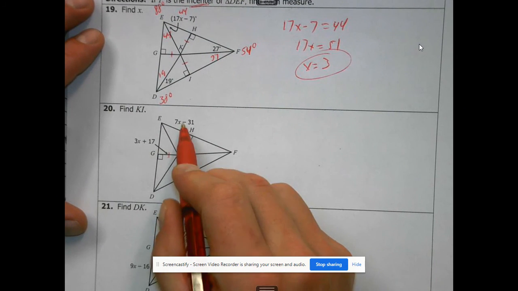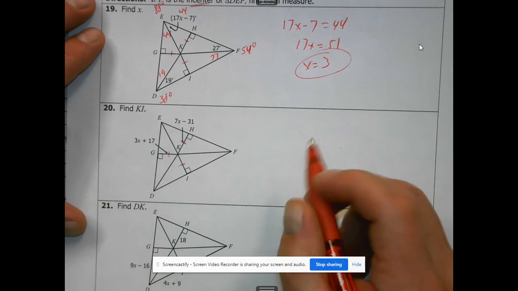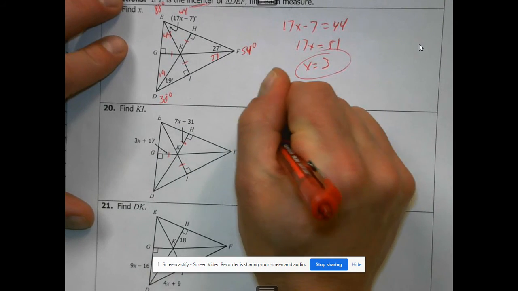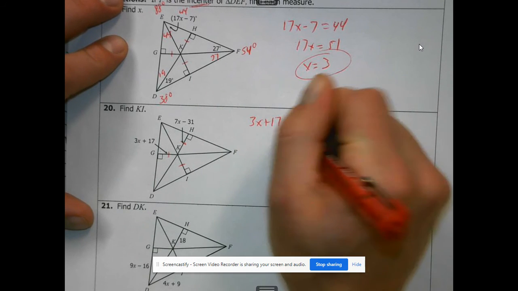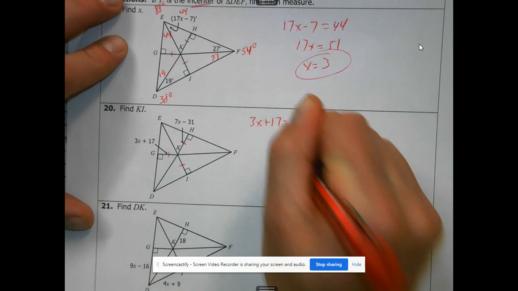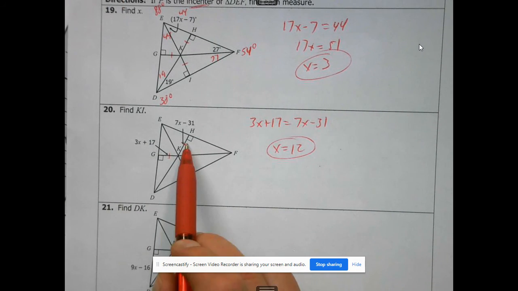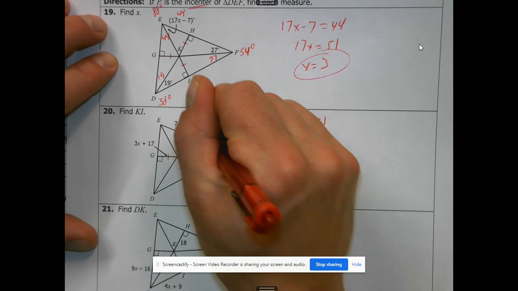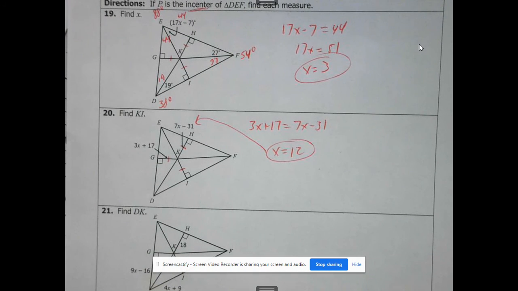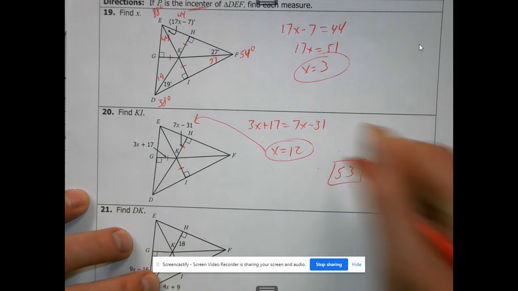Once I solve for X, let's plug it back into one of these and I get K to I's distance. So the equation, 3x plus 17 equals 7x minus 31. Solve it out. X comes out to be 12. Now you can plug it back into either one because they're all congruent. Doesn't matter which one. Plug it back into that one, that comes out to be 53 per length.